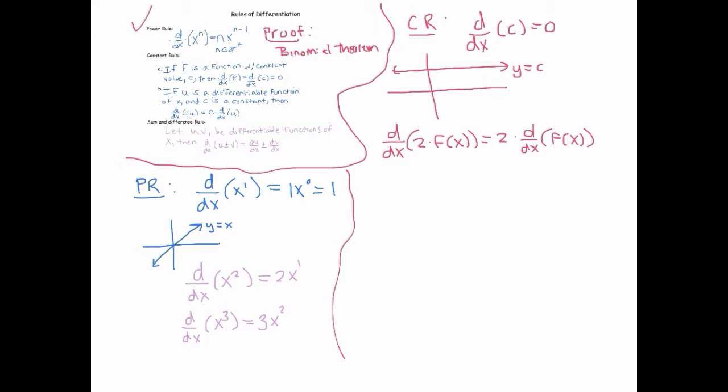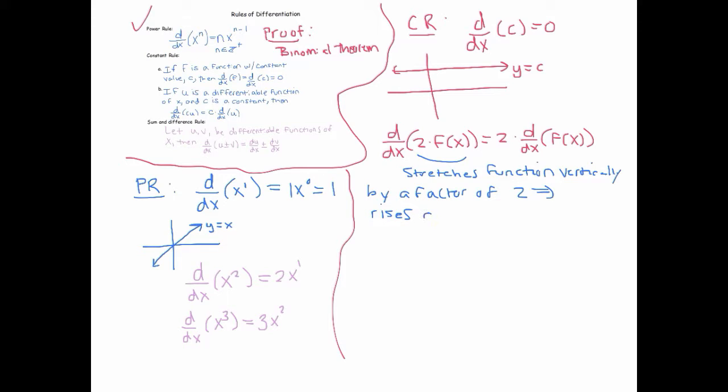And so why does this, intuitively, make sense? Well, it's because when you take 2 times a function, you're stretching, so multiplying by 2 stretches the function vertically by a factor of 2. So when you stretch a function vertically by a factor of 2, that implies that, if you think of slope language, all the rises double, right?